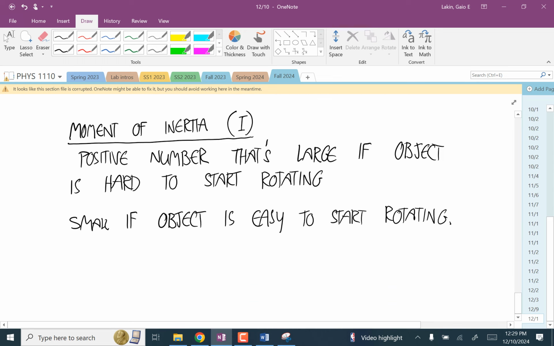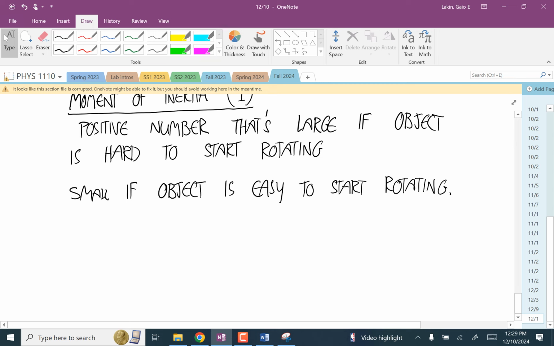So to get a high value of moment of inertia, the mass has to be distributed far from the hinge.